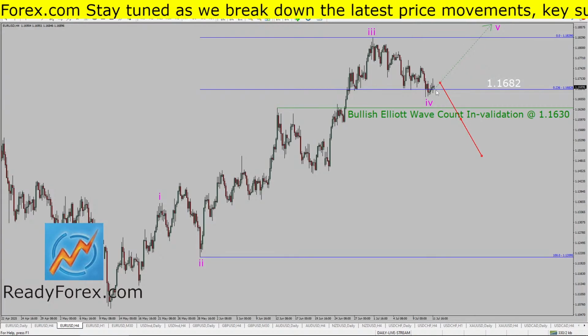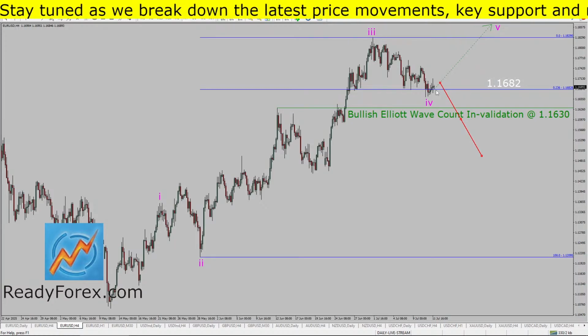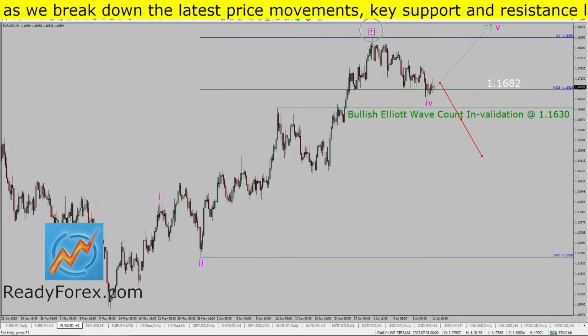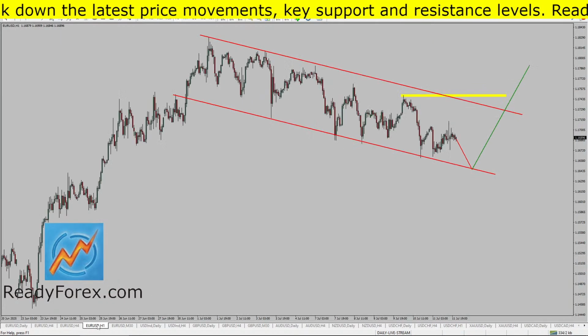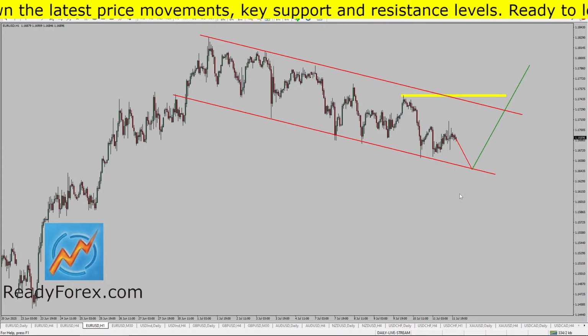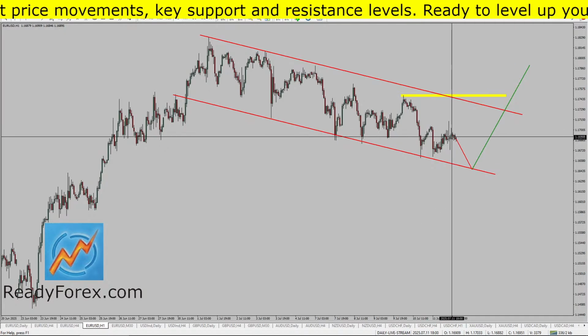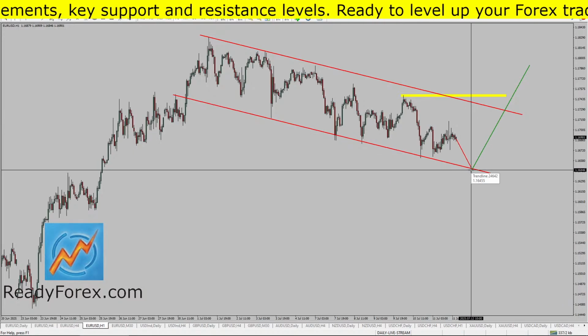Well, then I'm going to reanalyze the price action, and it also means that we have already seen a top. The wave number 5 has already completed up there. So I'm expecting EURUSD to move sideways a little bit and then drop more.